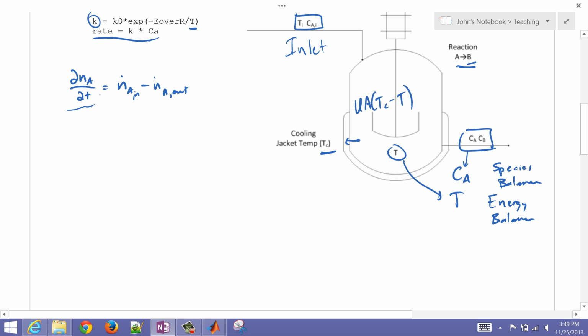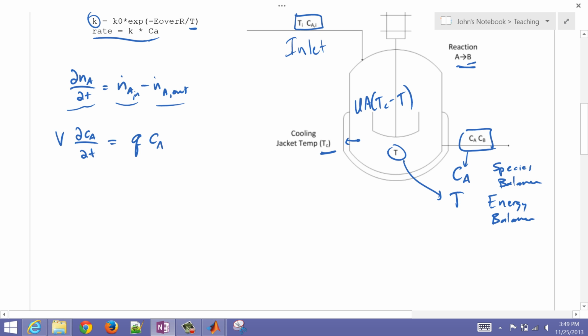Okay, so I have the accumulation equals in minus out, and that relates to concentration. If we assume that the volume is constant, and it's well mixed, I'm going to just assume that concentration A accumulating in the reactor is equal to what's coming out. Okay, and then we have Q, that's the volumetric flow rate.